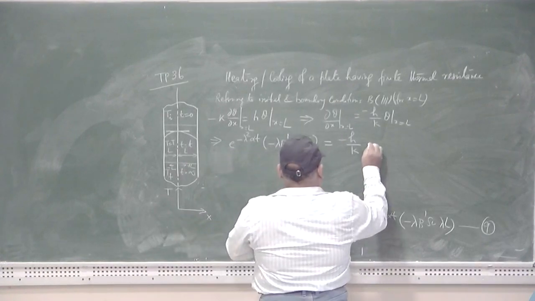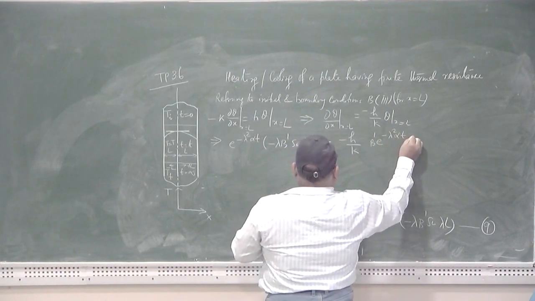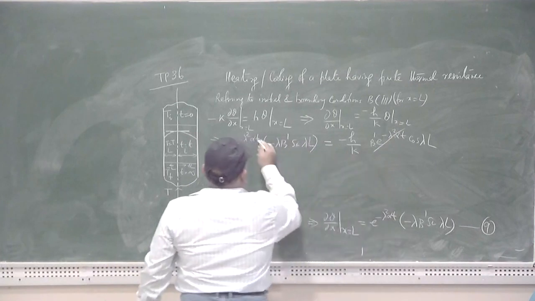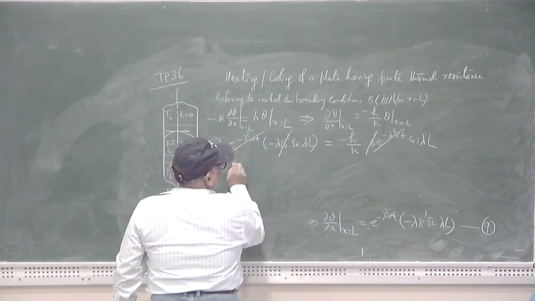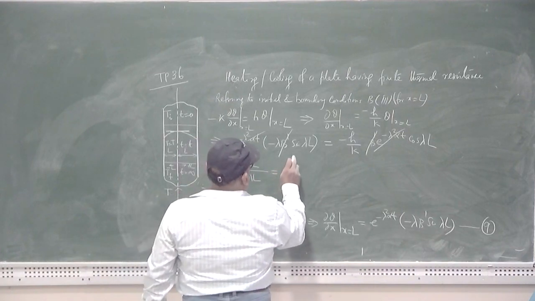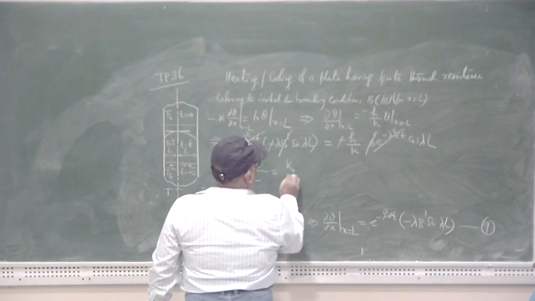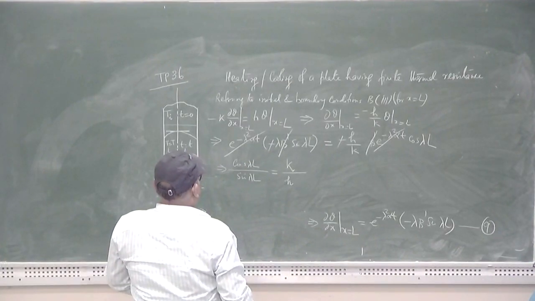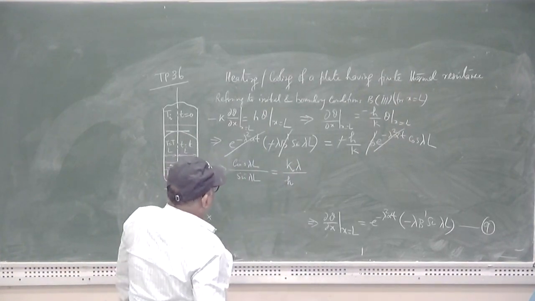That value was, you can see from the previous note, b dash e to the power minus lambda square alpha t into cos lambda L. So e to the power minus lambda square alpha t will get cancelled out, b dash will get cancelled out, or we can write cos lambda L by sin lambda L, and the minus will also get cancelled, that is equal to k divided by h into lambda, that is equal to k lambda by h.